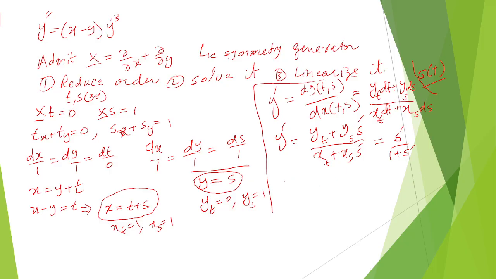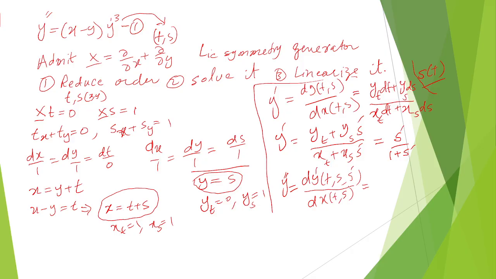Now we need y double dash. What are we doing? We are going to put this equation in t and s coordinates using these equations. So y double dash is d of y dash, which is a function of generally t, s and s dash, over dx, which is a function of t and s as before.